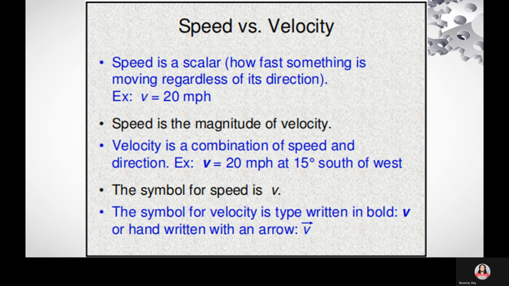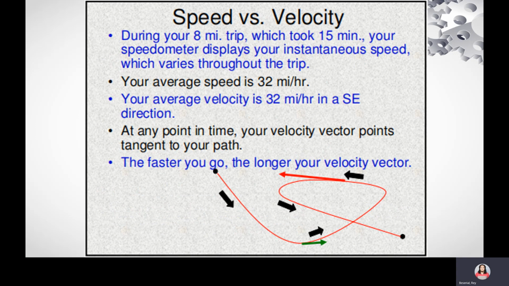Okay, next. Another continuation lang sa differences ng ating speed and velocity. Example, during your 8-mile trip, which took 15 minutes, your speedometer displays your instantaneous speed, which varies throughout the trip.